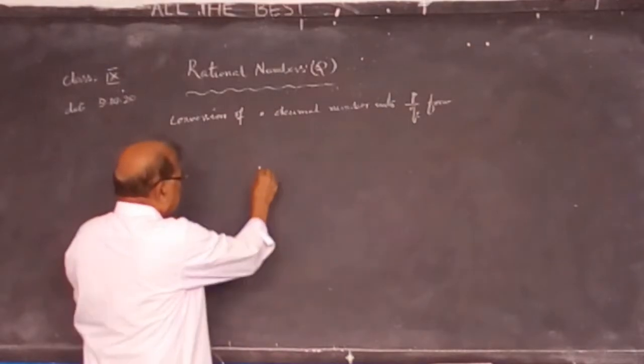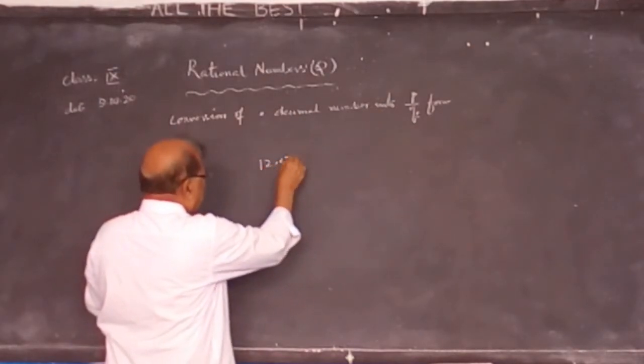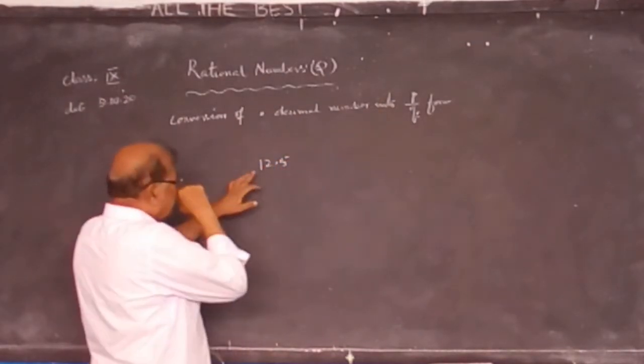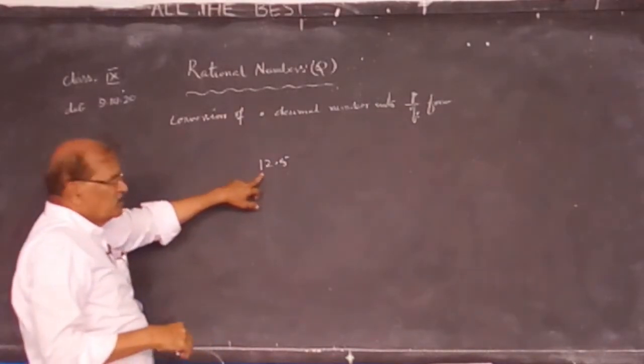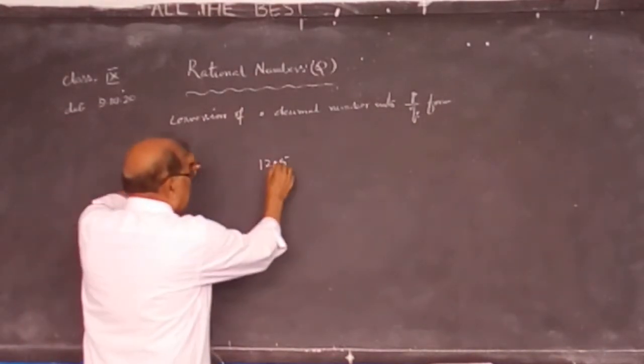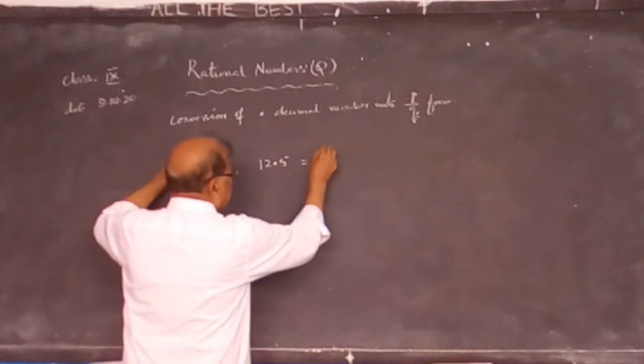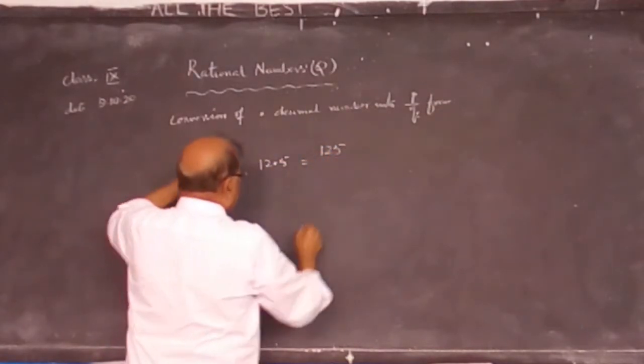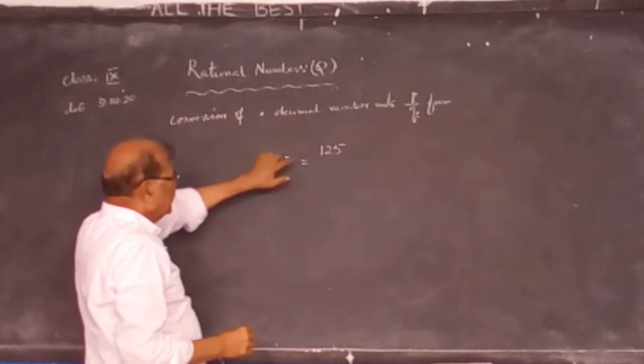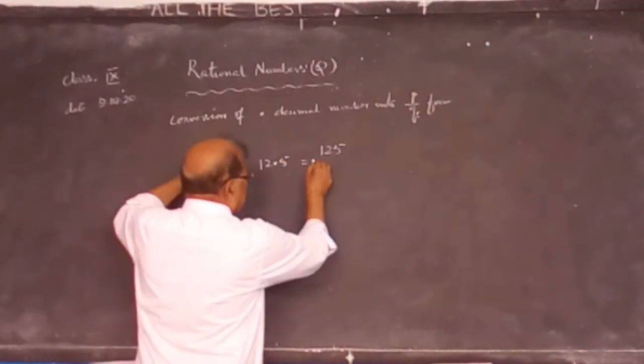For example, 12.5 is a number. It's a decimal number. How do you convert this? Simply take this, write the number eliminating the decimal. This is 12.5. It is 125 in the numerator.